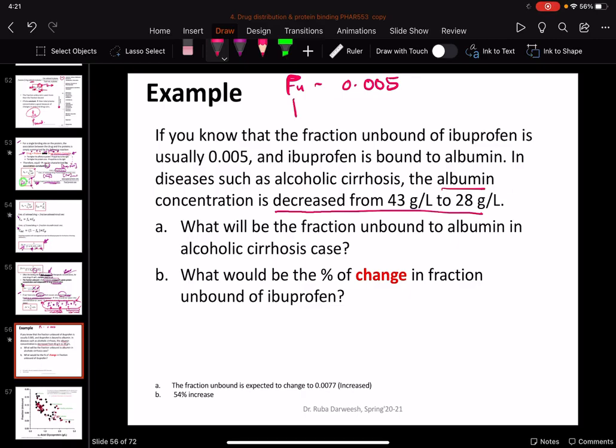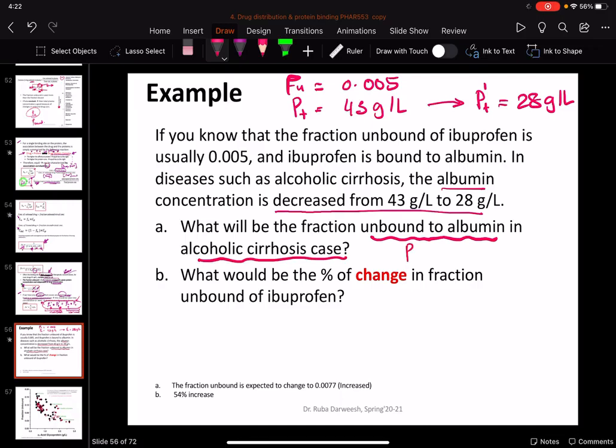So we have the total protein concentration in the normal case, 43 grams per liter, compared to the total protein concentration in the disease state, which is liver cirrhosis, equal to 28 grams per liter. Can you determine the fraction of drug unbound to albumin in the alcoholic cirrhosis case?